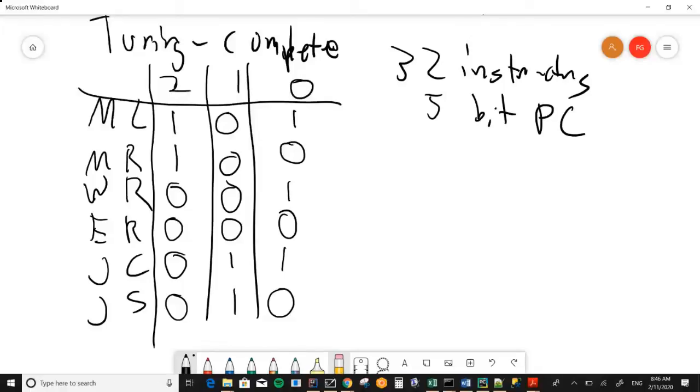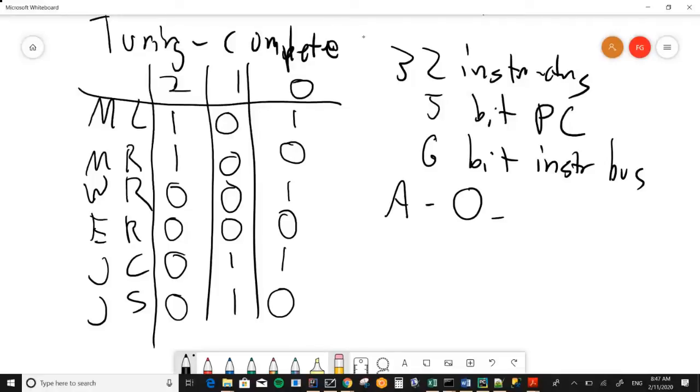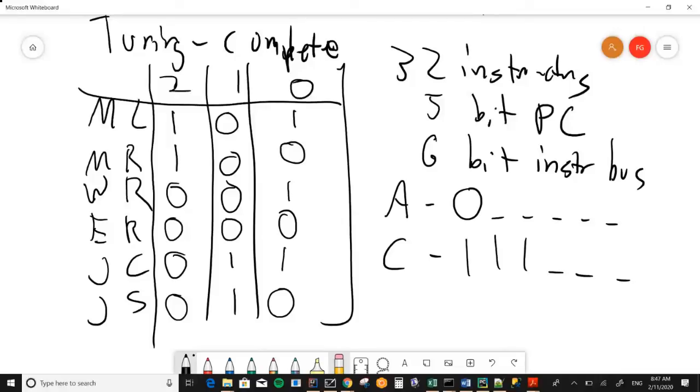And so what we could do would be to say, we also then have a 6-bit instruction bus. So we can do an A instruction as 0, 1, 2, 3, 4, 5. And then the C instructions will just be these guys, but we'll just fill in some ones. So we'll say 1, 1, 1, and then blank, blank, blank for the values coming in from that table right there. Okay?